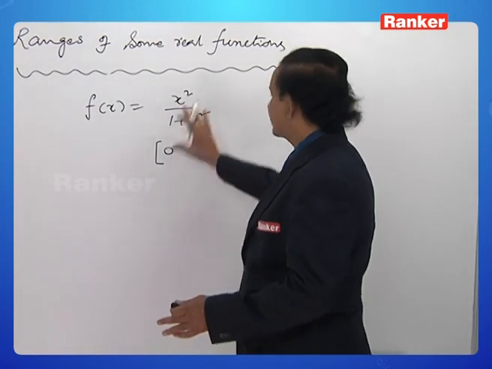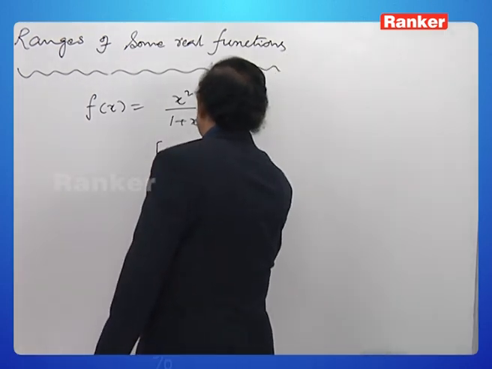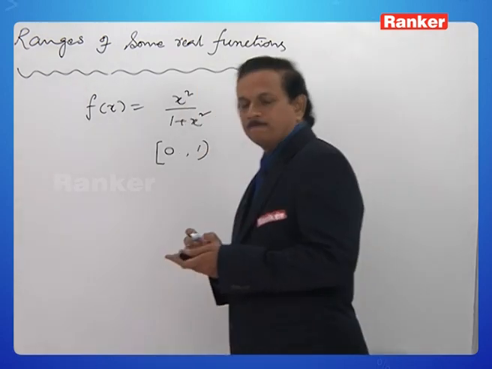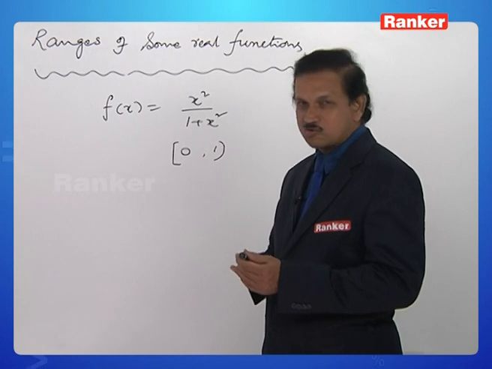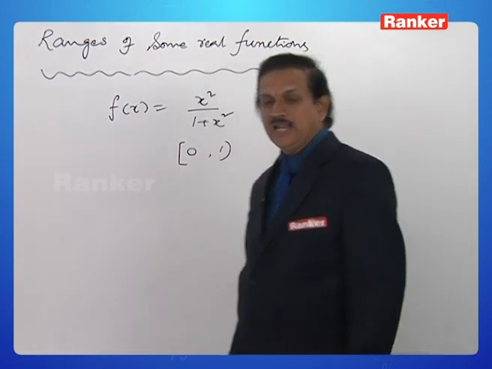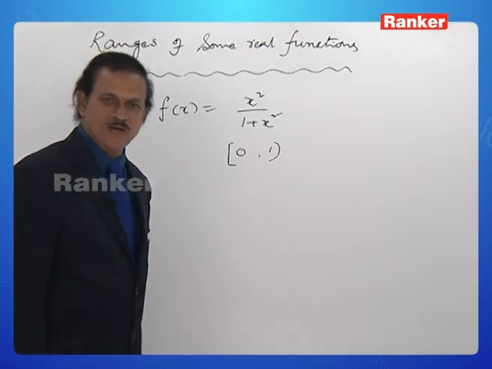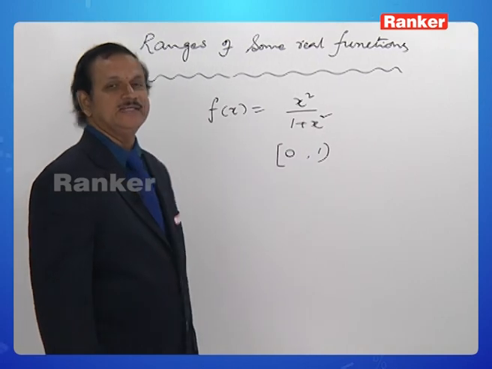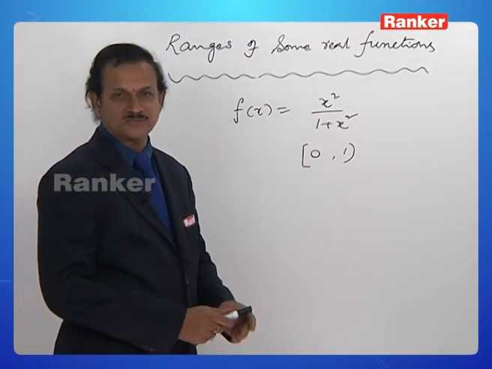So, this cannot become 1, or at most 1 it may become, that is interval 0 to 1, closed towards 0, open towards 1, or left closed, right open interval 0 to 1, we can say. Yes, like this we can estimate the answer.